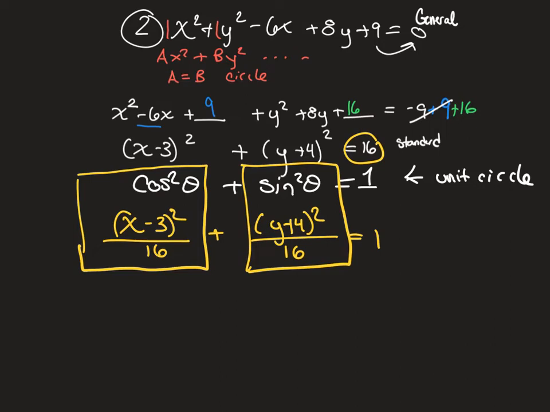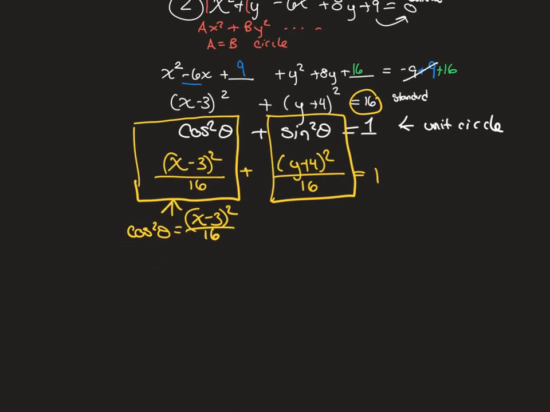So I'm going to solve in my first square right here. I'm going to solve for x. I'm going to set these two things equal. So I'm going to have cosine squared theta equals x minus 3 squared over 16. So I'm going to multiply this 16 over.